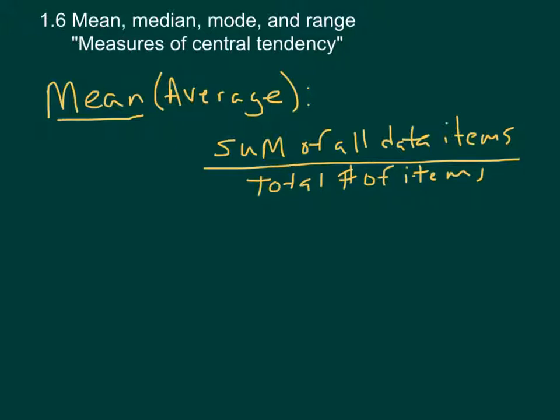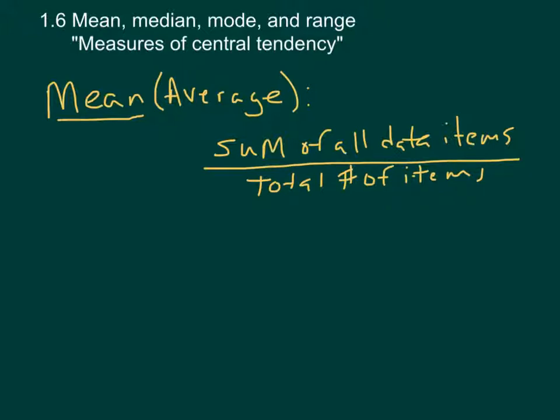Our mean, or our average, is the sum of all data items divided by the total number of items. We typically use the average, or the mean, when our set of data are relatively close to one another.